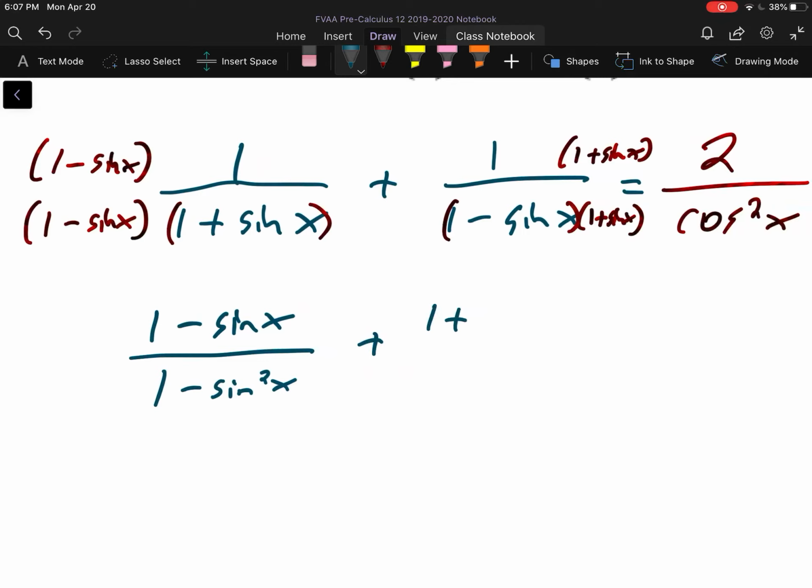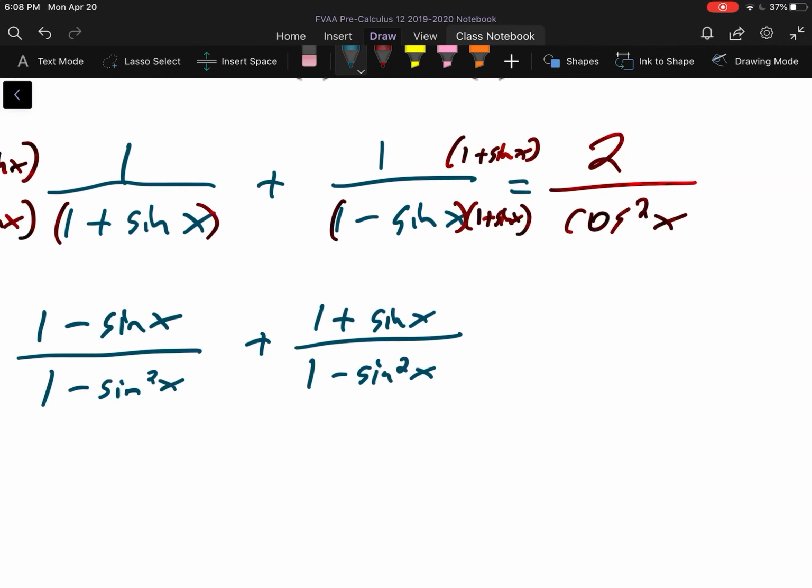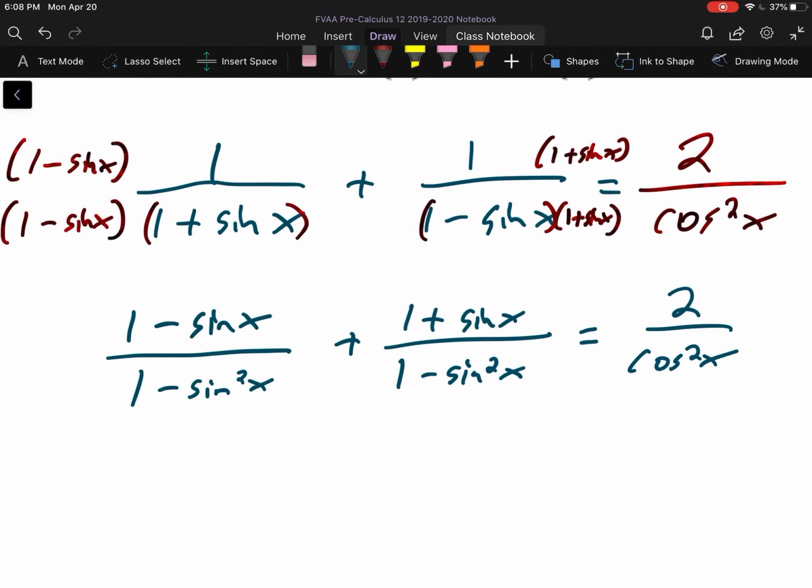I get 1 plus sine x over 1 minus sine squared x, okay? Do the foiling if you're not sure about my math. Foil it out, okay? First, outside, inside, last. And then 2 over cos squared x. All right.